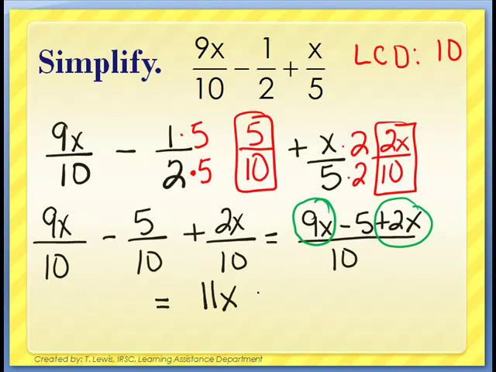We're not subtracting that to anything, but it's part of the question, so we're going to bring it down. We have 11x minus 5 over 10. And just like the other examples that we've covered, a constant term and a variable term would never be like, so we cannot subtract 11x and 5. They're not like terms.